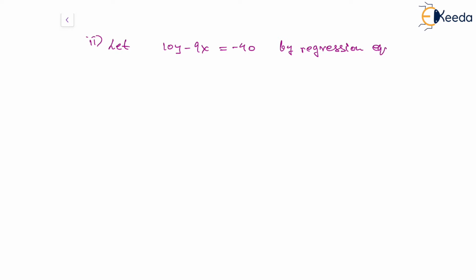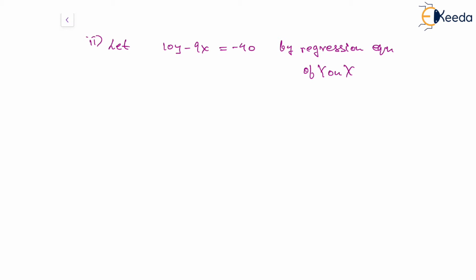Now moving to the second part, which is about finding the regression coefficients y on x and x on y. Let us say that the equation 10y minus 9x equal to negative 40 is the regression equation of y on x.